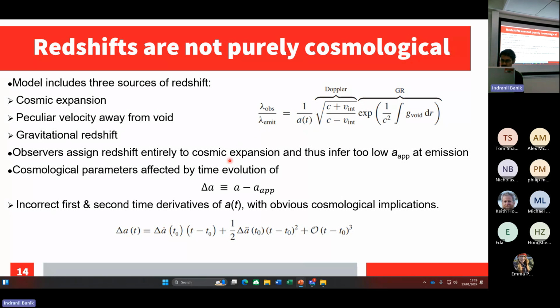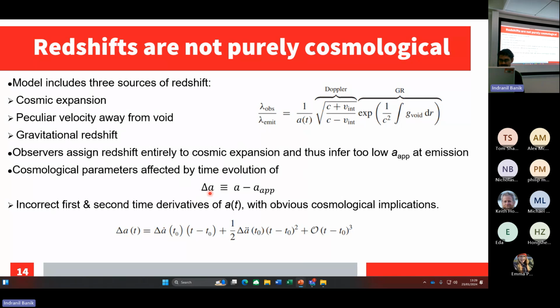What is typically done is to ignore all this. If you're looking more than 100 megaparsec, we typically assume that it didn't matter. So what would happen if there was an extra source of redshift is that you would think the A, the cosmic scale factor at the time of emission, was smaller than it actually was. In other words, you would overestimate the redshift. There'd be some mismatch in the actual value of A when the photon was emitted and the value you think A had at that time.